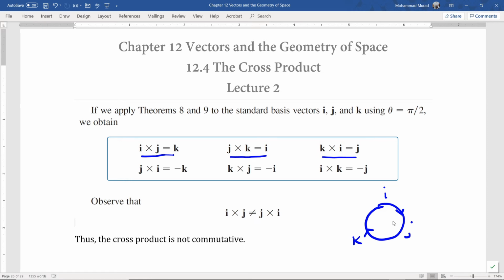If we cyclically permute i, j, and k, this figure helps us remember the first three formulas. For example, i cross j, then we get k, then j cross k, we get i, and then k cross i, we get j.